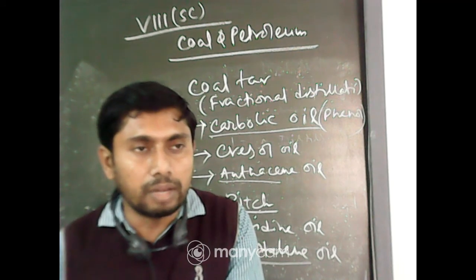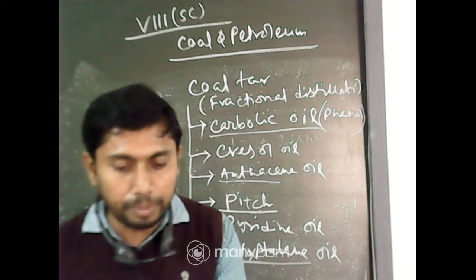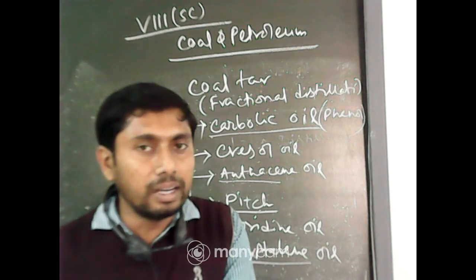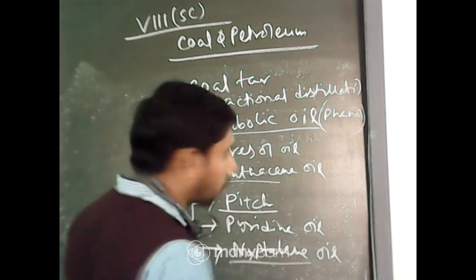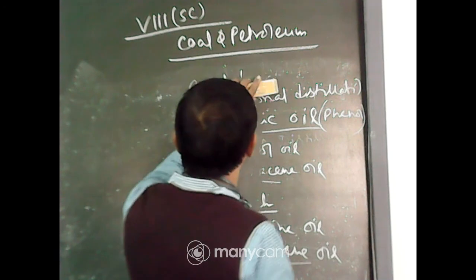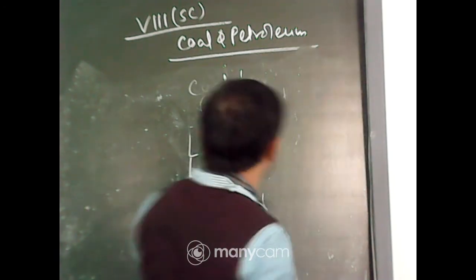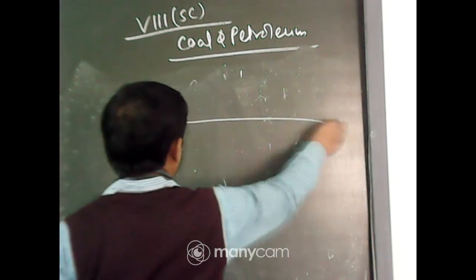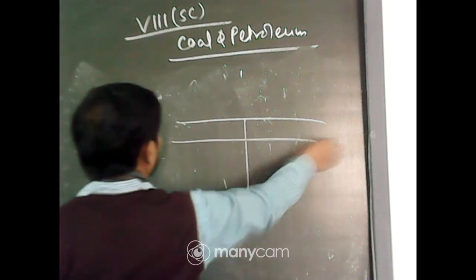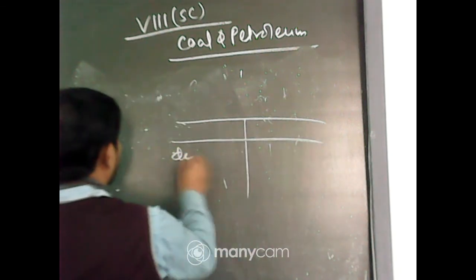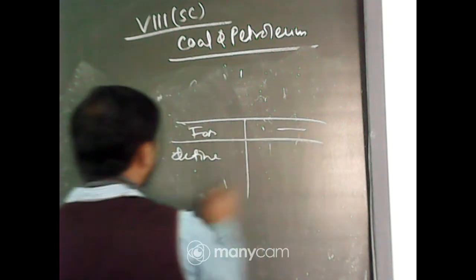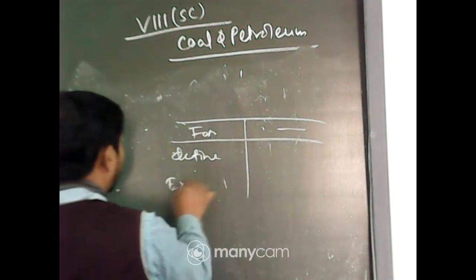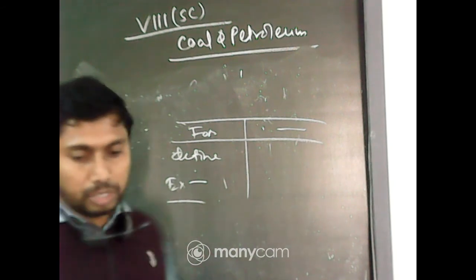This is the fossil fuel. So if you have to define it, then you have to make two columns. First of all, you will define it, the fossil, the fossil fuel, and then the example. It will complete your answer.